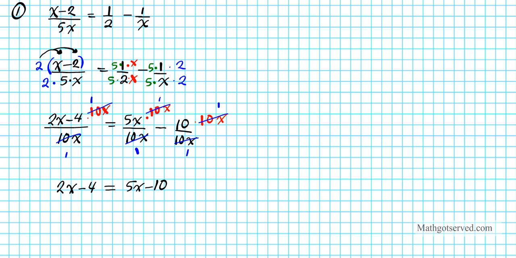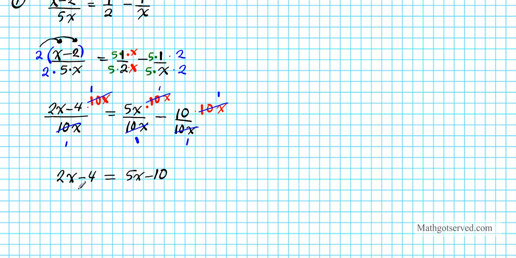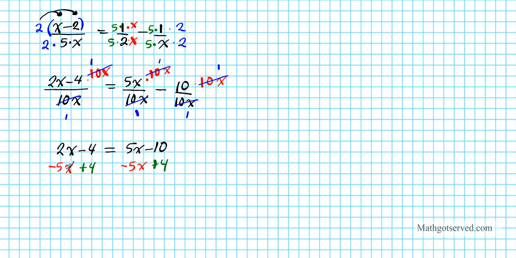All right, now to get x by itself, we're going to subtract 5x from both sides to move the 5x to the left, and add 4 to both sides. Okay, so let's go ahead and do that. We'll subtract 5x and add 4, add 4. All right, so let's see what happens. 2x minus 5x is negative 3x.